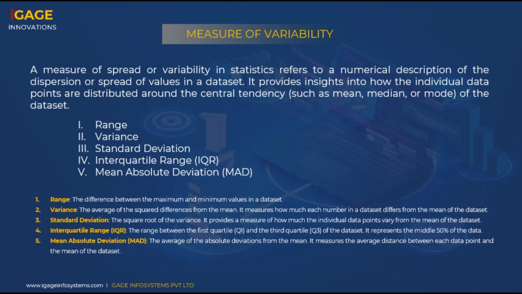Before getting into range, in general a good measure of variability serves two purposes. Number one, variability describes the distribution. Specifically, it tells whether the scores are clustered together or are spread out over a large distance.